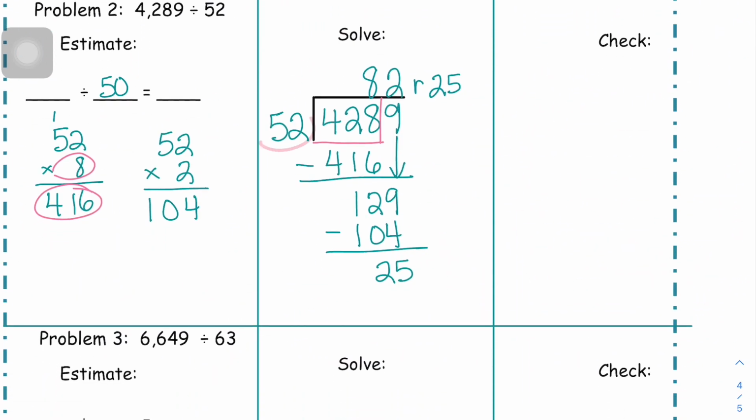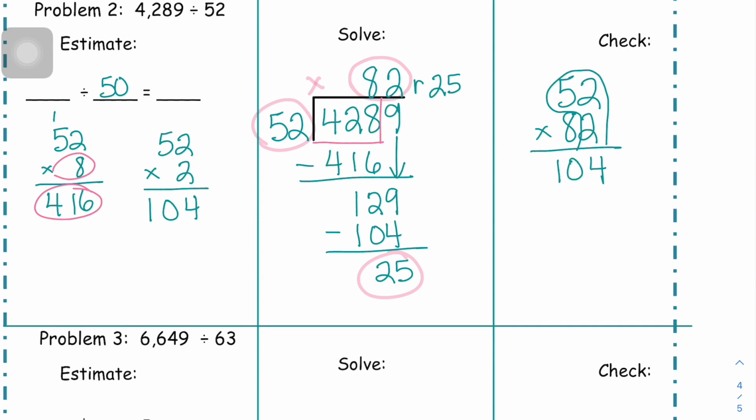Now, I'm going to take my divisor times my quotient and then add my remainder. This time I can put my divisor on top because it's 2 by 2 multiplication. I like this because now I can see that I've got 104 and 4,160.